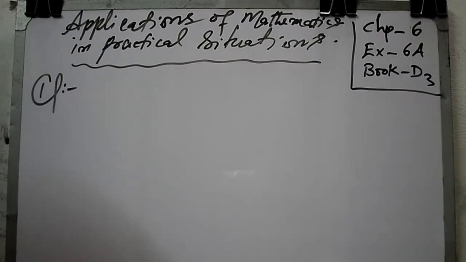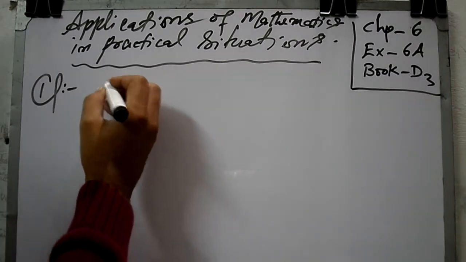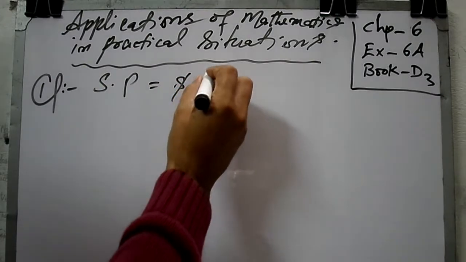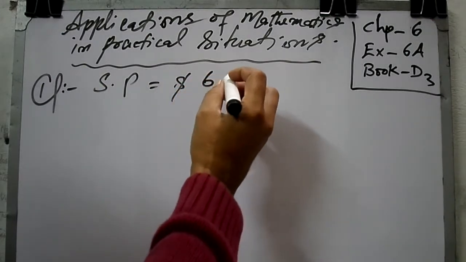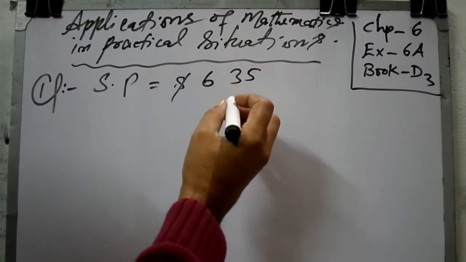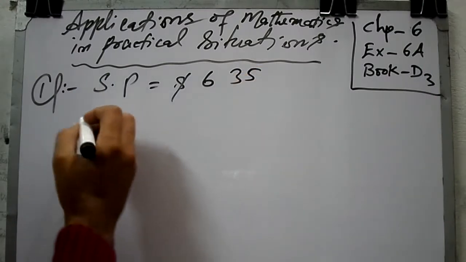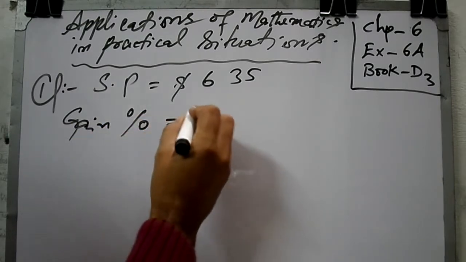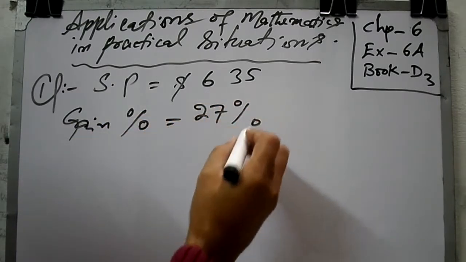Okay, first of all you have to write the data. For example, you have a sale price equal to $6.35, and gain percentage 27%.